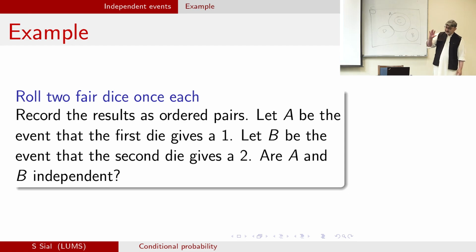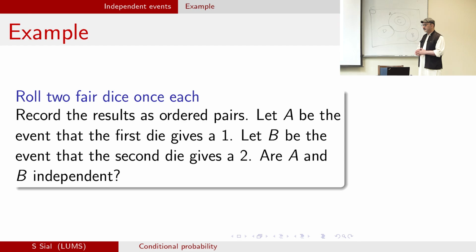So I do this experiment, and then I tell you this was the temperature in the city. Does that affect your estimation of the outcome of rolling the die? No, it doesn't. So could we say that it's from different sample spaces? No, A and B are supposed to be subsets of the same sample space.